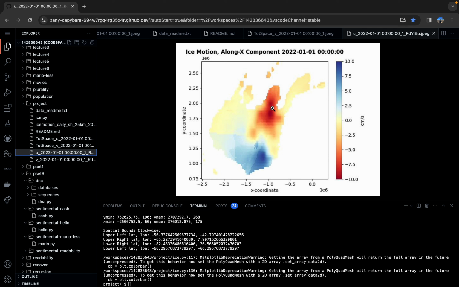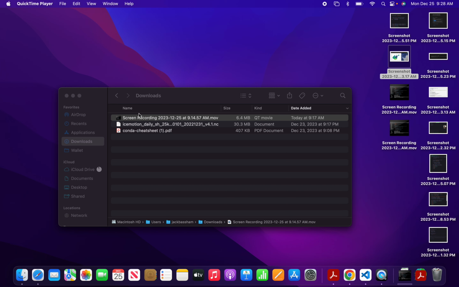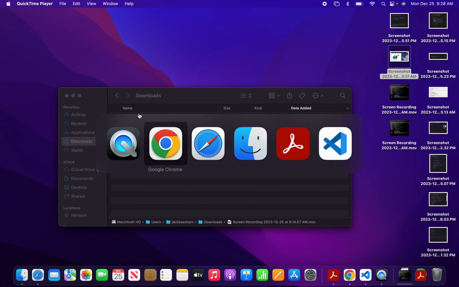You can see that we have a pretty negative along X sea ice velocity, as well as a positive along X sea ice velocity. So moving forward with these plots, we can really get some interesting representations of the sea ice motion, and that will help me a lot as I move into working more with this data moving forward in the future.